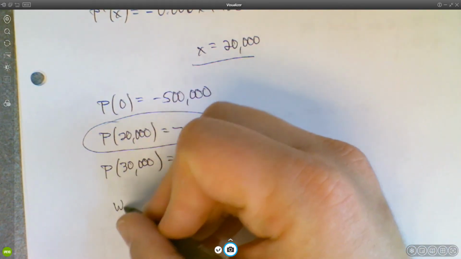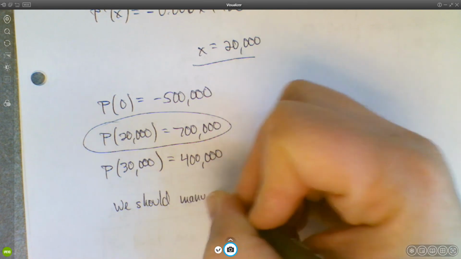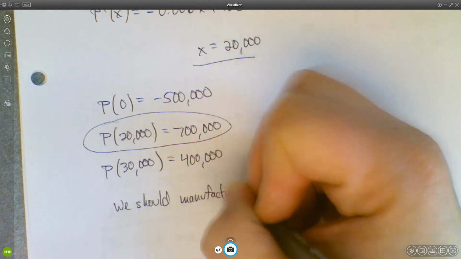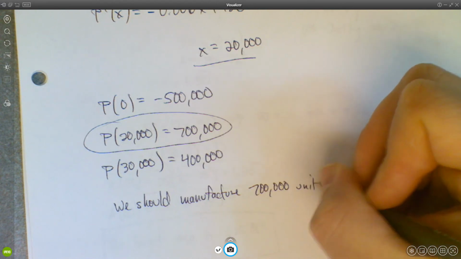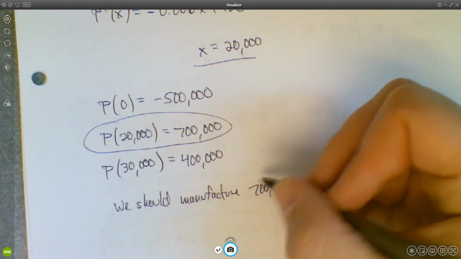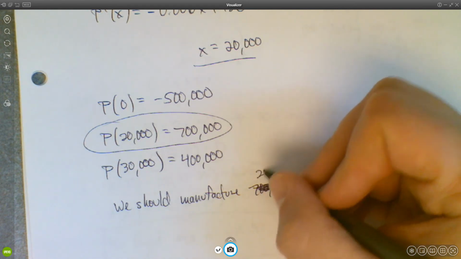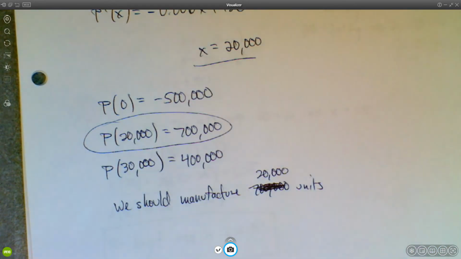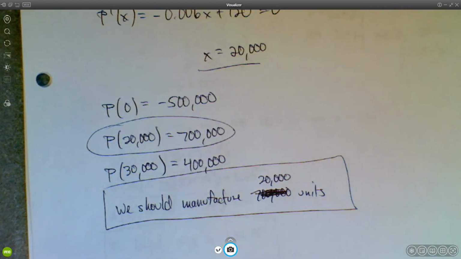So we should manufacture, not 700,000, sorry. That's the profit that you generate, but you should manufacture 20,000 units, and that'll generate a profit of $700,000.